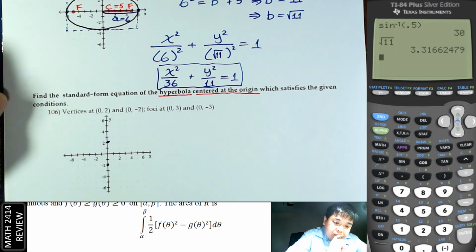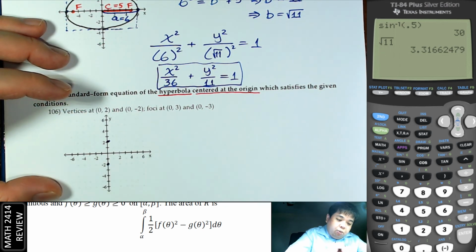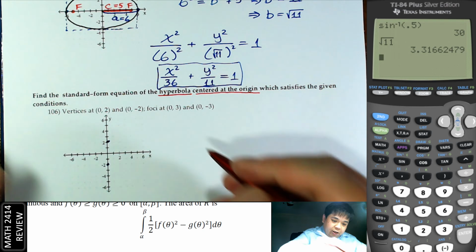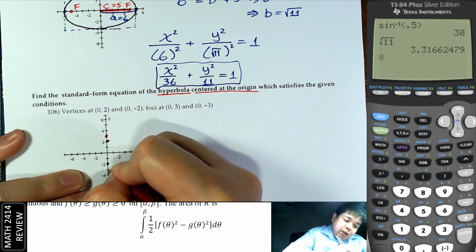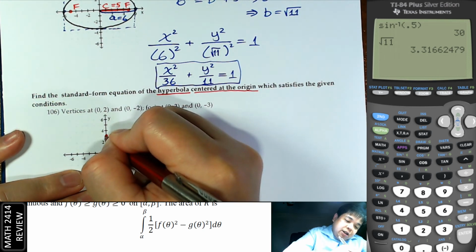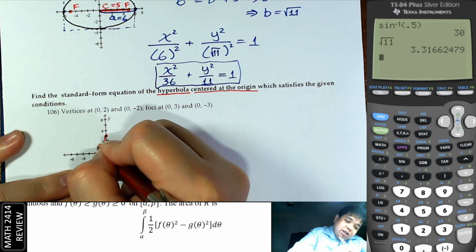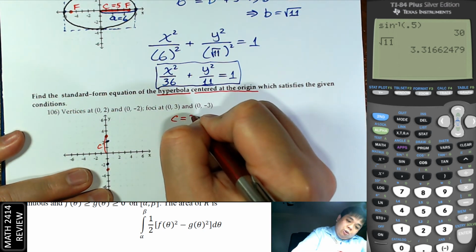And then we don't know what happened on the other side. We know the foci here and there. The distance from the center to a focus is C. So we have C is equal to 3.